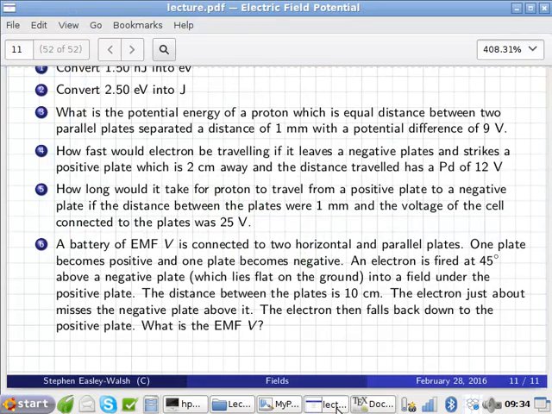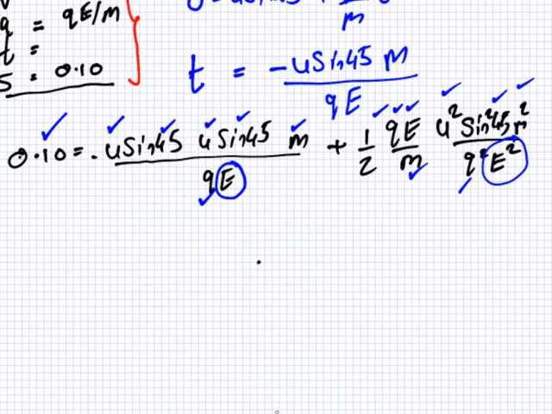Okay. So now we need to put in our numbers. First one: 1000 sine 45 times 1000 sine 45 times the mass of an electron, which is constant number 3, divided by the charge of an electron, which is constant number 23.